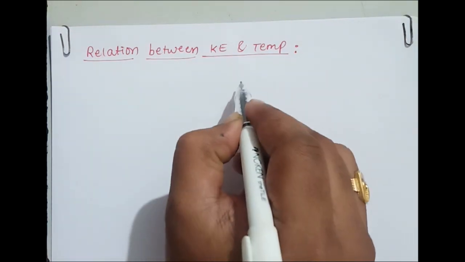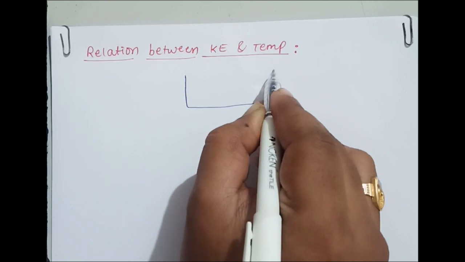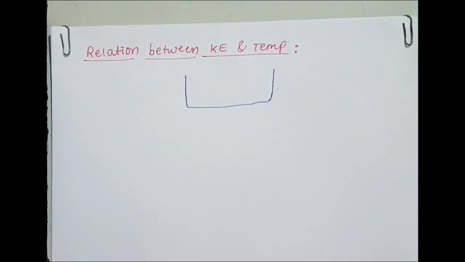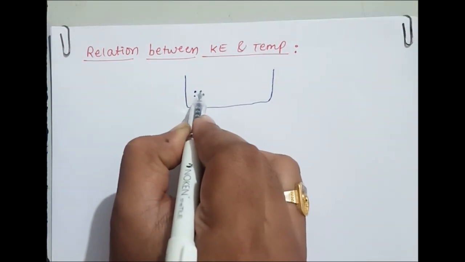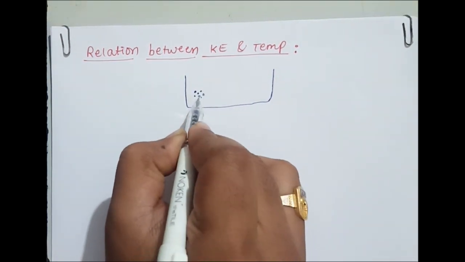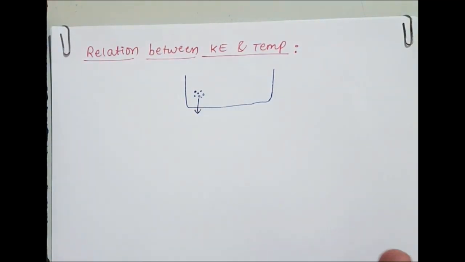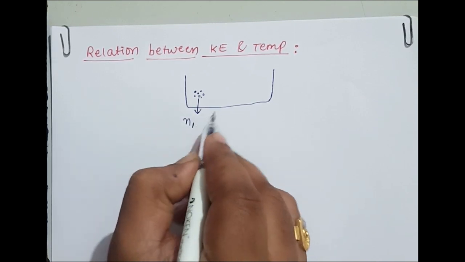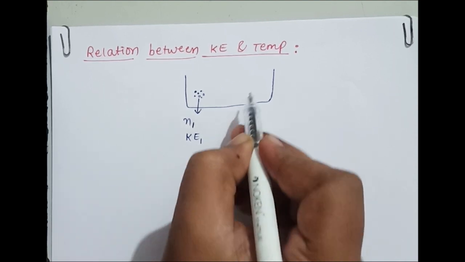Now, let us take a container, and here there are a large number of molecules that have different kinetic energy, right? Let me say there is a bunch of molecules whose energy is the same, because it's not necessary that each one will have a different energy. There might be some n1 number of molecules whose kinetic energy is, let us say, KE1.